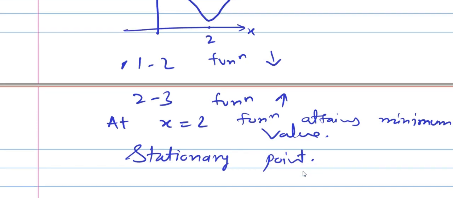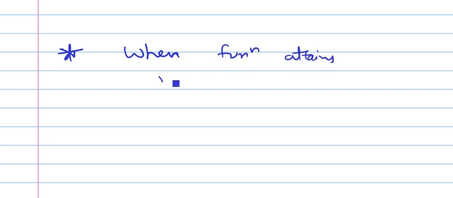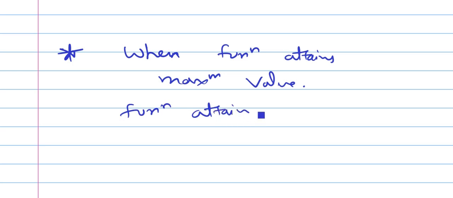So we will be learning few points, like when function attains maximum value, that means at what value of x function attains maximum value. At what value of x function has minimum value.